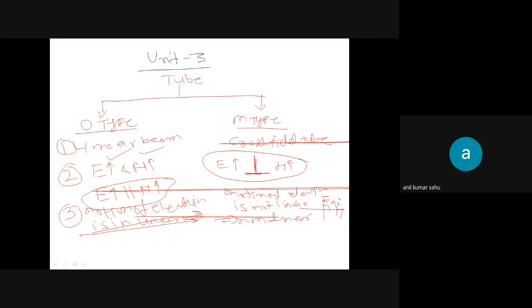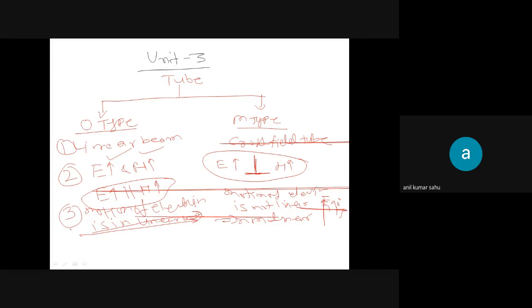But here the electric and magnetic fields are applied in two directions at a 90-degree angle, so the motion of the electron is non-linear.